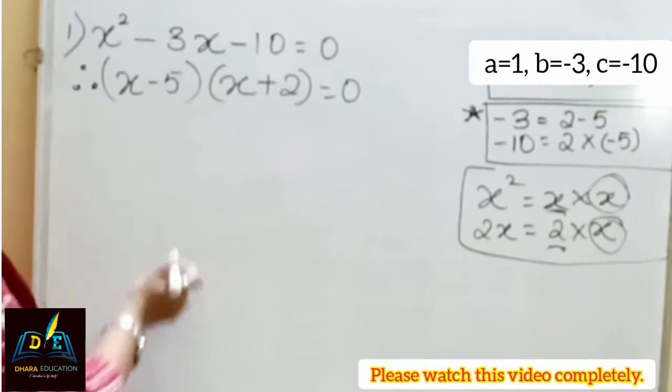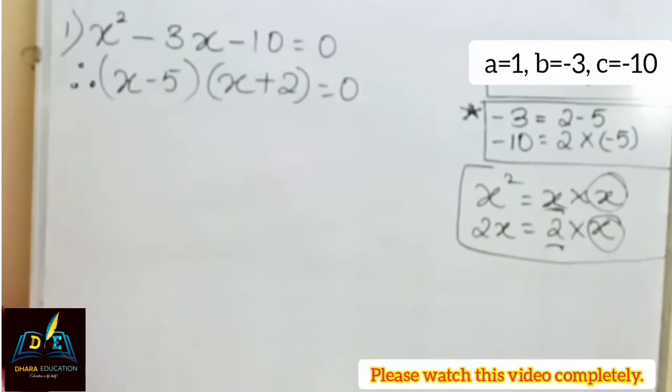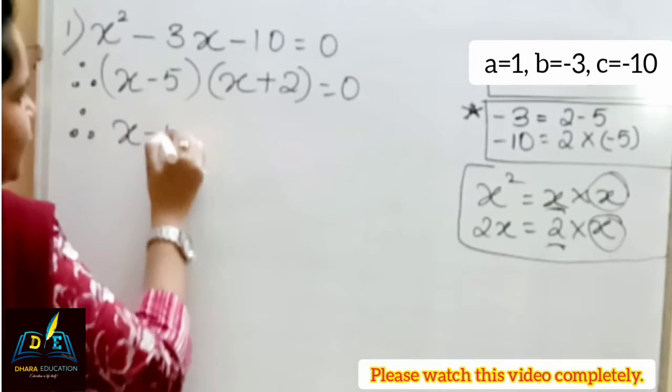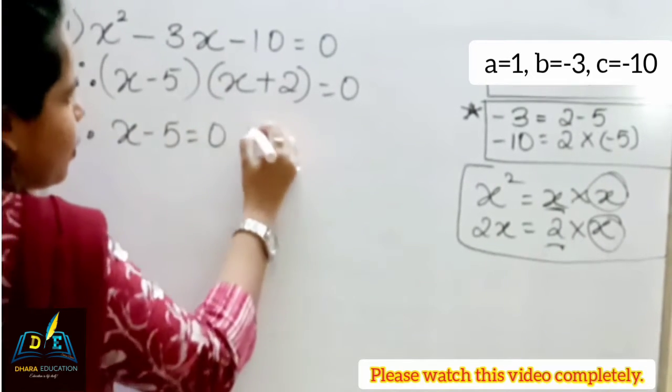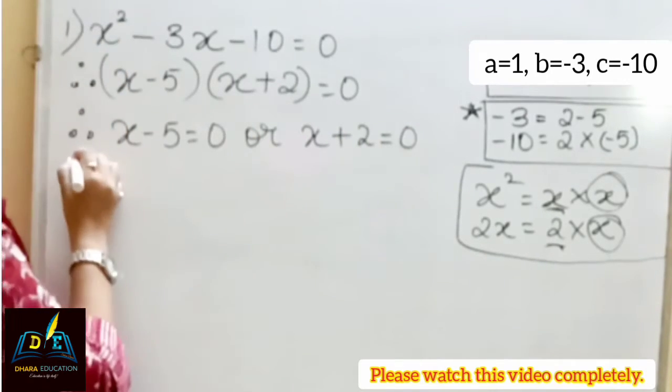So now students, what I have done is I have interchanged the terms. You can also do the same. So x minus 5 is equal to 0 or x plus 2 is equal to 0.